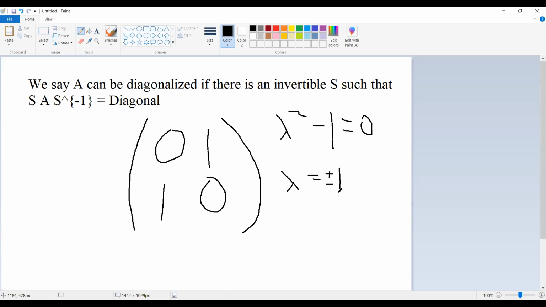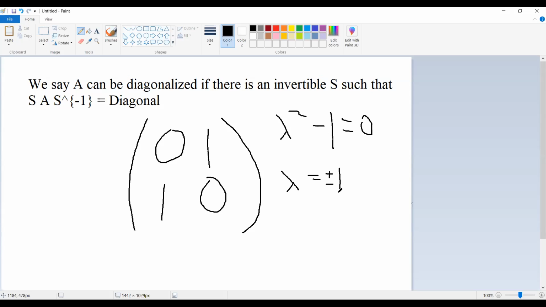As a nice exercise, diagonalize this matrix. How do I know it's diagonalizable immediately? Well, you could find the eigenvectors. I was about to say, it may not be diagonalizable. I've got to make sure that I don't have a repeated eigenvalue. But I'm good because it's lambda squared minus 1, not lambda minus 1 squared.